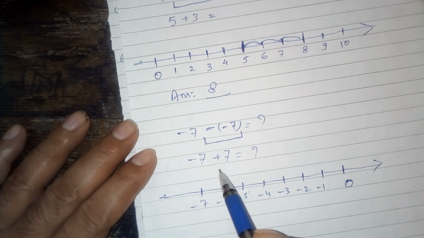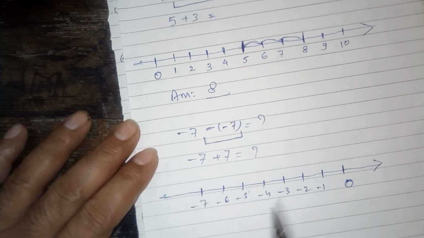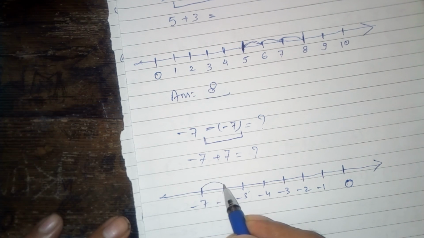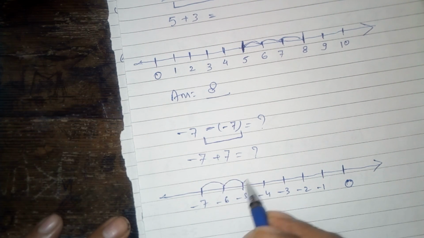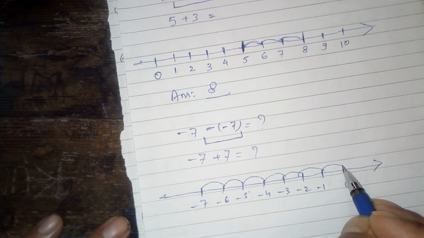According to the question, from -7 we will move 7 steps to the right side of -7. Look here, first step, second step, third, fourth, fifth, sixth and 7th. This is your final position.